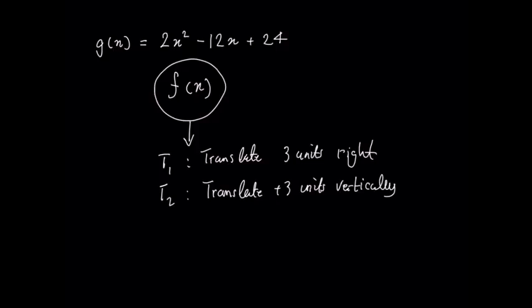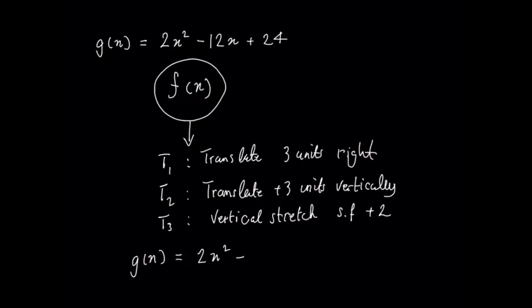And finally, T3, which was a vertical stretch with a scale factor of +2. So after applying those 3 transformations to f of x, we arrived at g of x, which is equal to 2x squared minus 12x plus 24. So we want to undo these and get back to where we started. Let's do that.